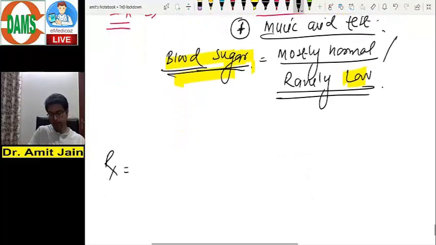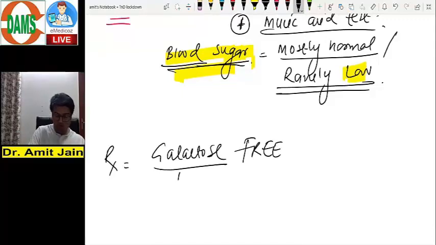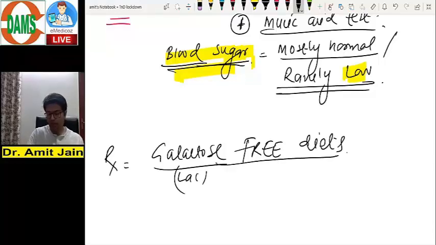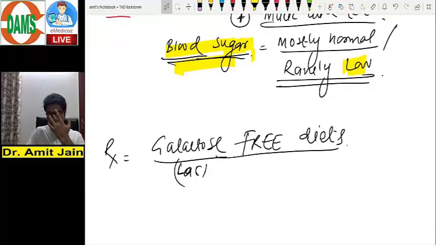Management part is simple. What you have to do is galactose free, or you can also say lactose free diets are given. Lactose is the most common source. Every day in a diet, lactose is one of the very common sources of galactose.